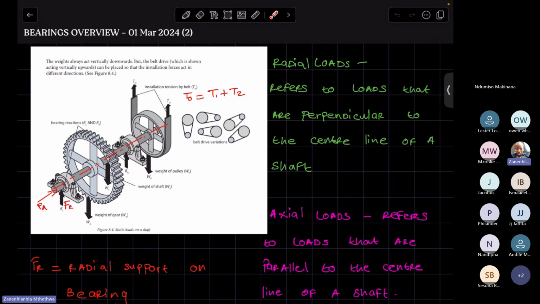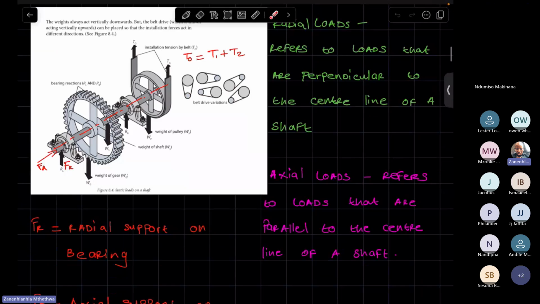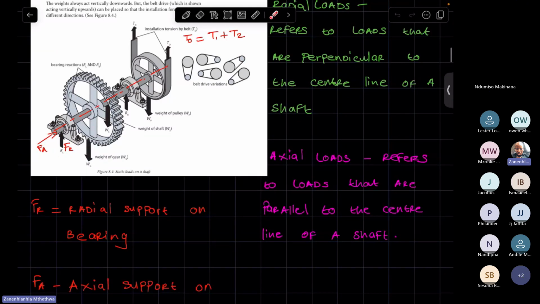Now we get different types of bearings, bearings that support different types of loads. We get bearings that support radial loads, and bearings that support axial loads. Radial loads refers to loads that are perpendicular to the line of action of the shaft, and axial loads are loads that are parallel to the line of action of the shaft.